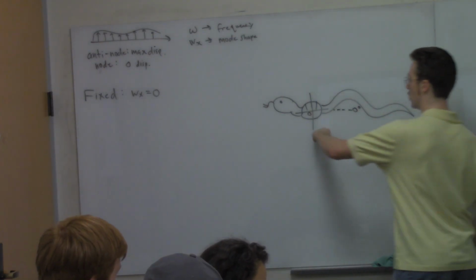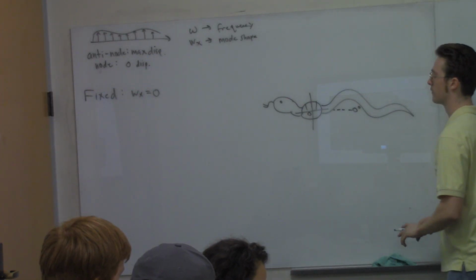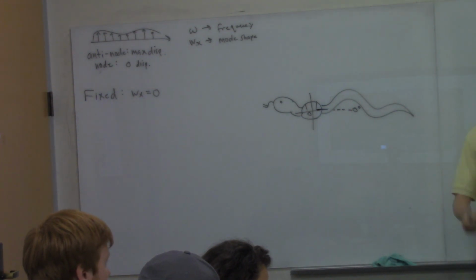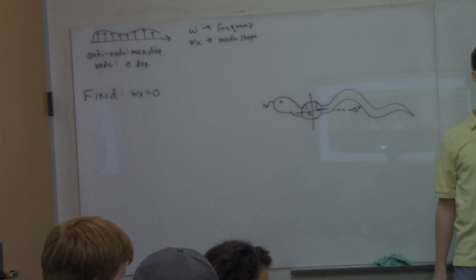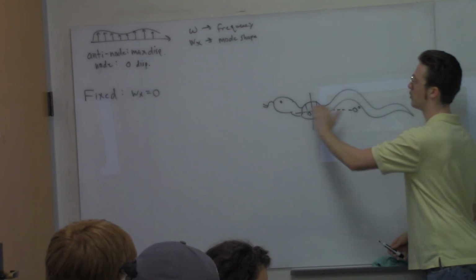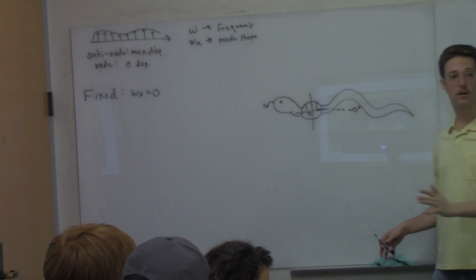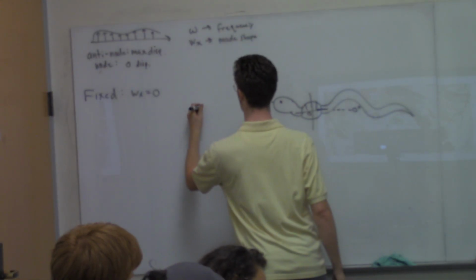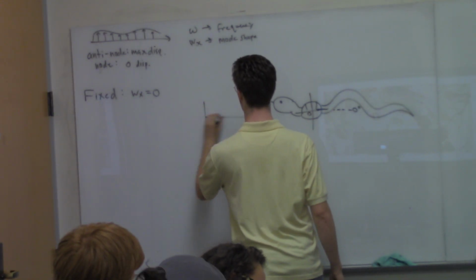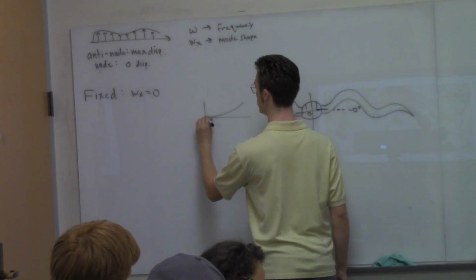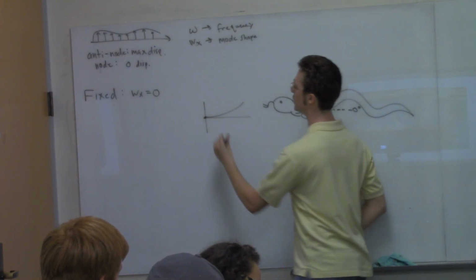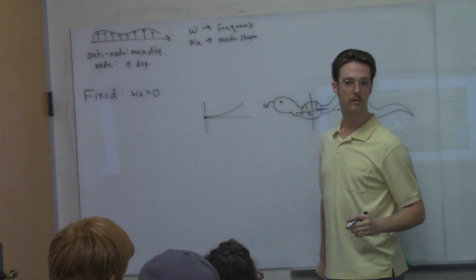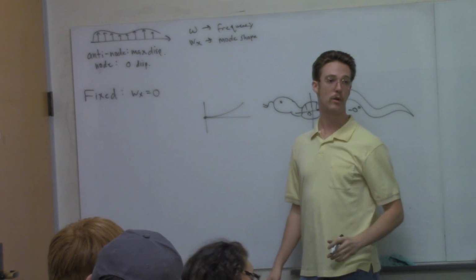If I'm holding it here, the snake is squirming, but the snake's body is going to be aligned with how my fist is holding it. So at this point, the derivative of that function is also going to be equal to 0. Not only is it fixed at this point, but the derivative is also equal to 0. We're not allowing it to rotate at that point.